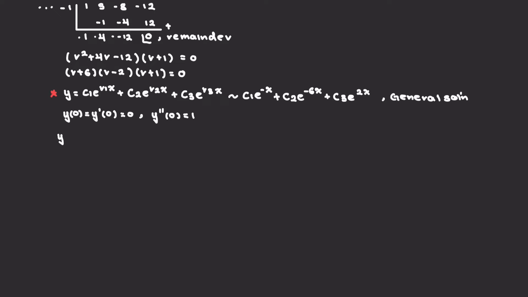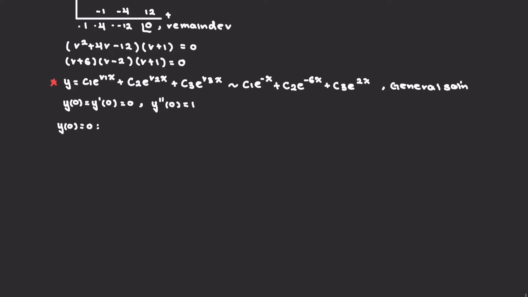So first, let's find y(0) for our first initial condition. Our general solution previously was y equals c1 e to the negative x plus c2 e to the negative 6x plus c3 e to the 2x, and everything here is equal to 1.